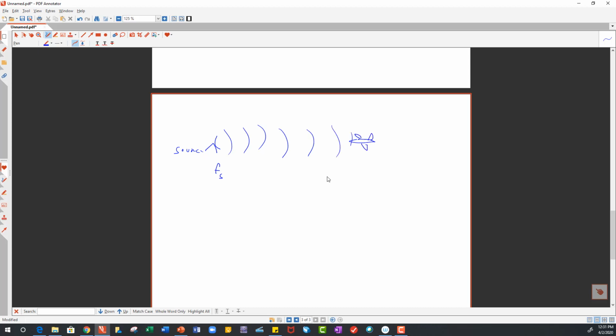But you're not looking for an amplitude change. If this is your source signal that you sent out at a certain frequency, let's say F source, and you get a return signal, what you're really trying to look for is just a shift in the frequency.